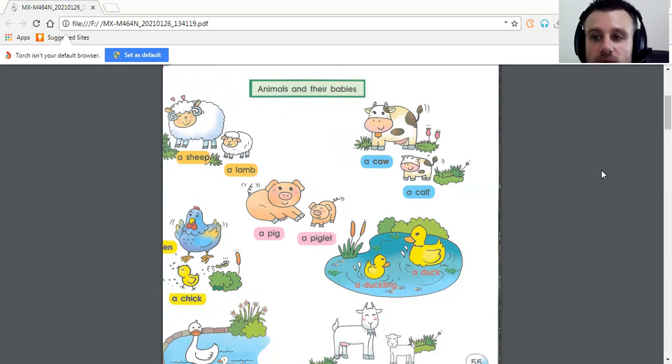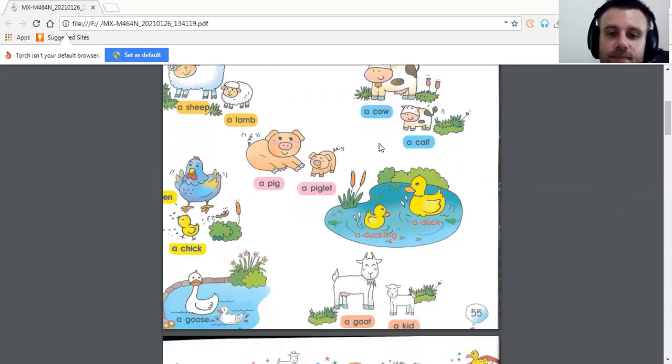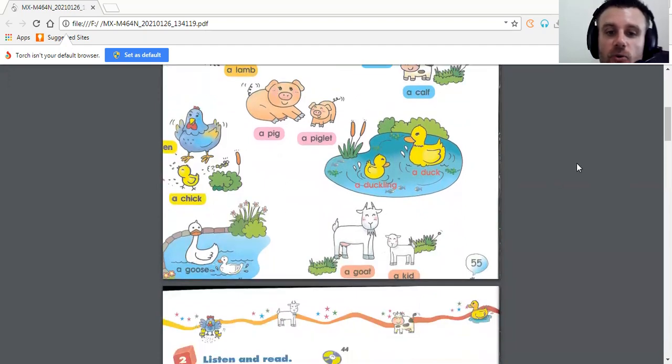In the water, we have a duck, a duckling, a goose, and a gosling. I spell it already. On the right, a goat and a kid.